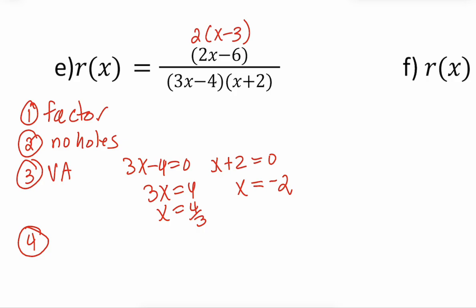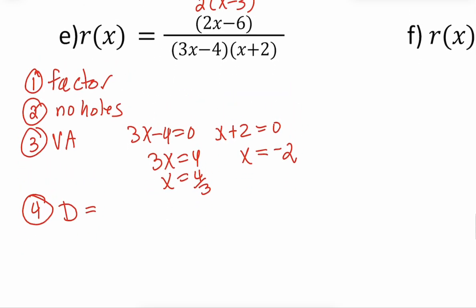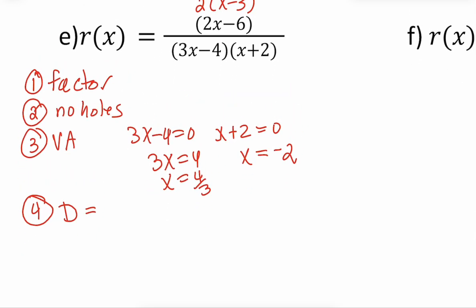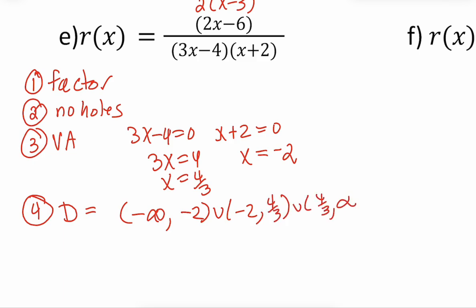Only once we've found any holes or vertical asymptotes do we move to domain. Make sure you're always putting your domain in numerical least to greatest order. So we go from negative infinity up to negative 2, skip it, go up to 4/3, skip it, but we can keep going.